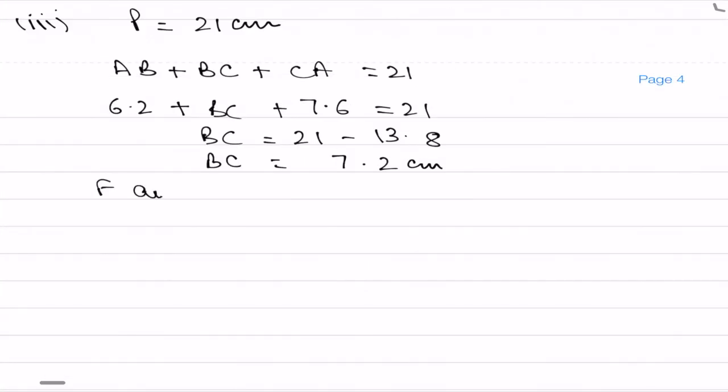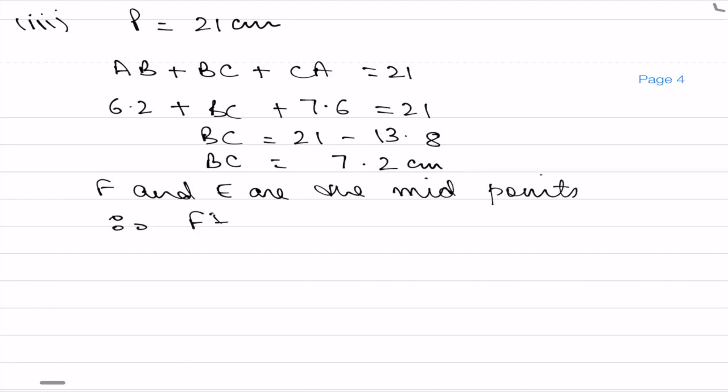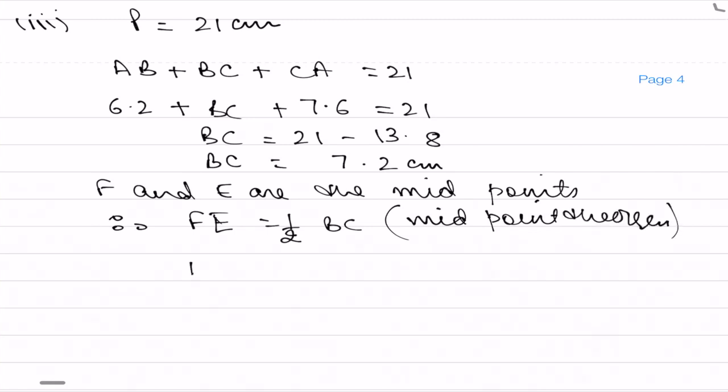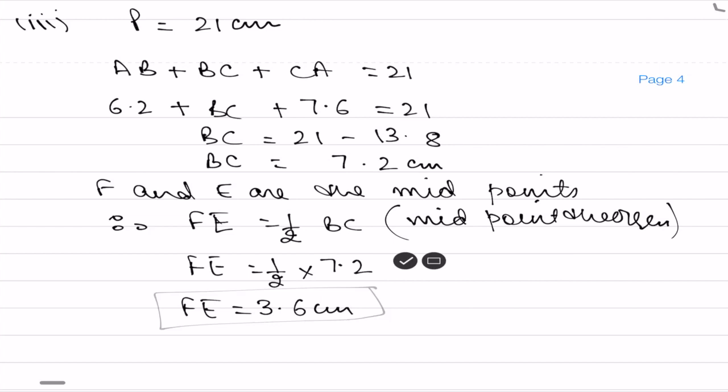So here we will write down F and E are the midpoints. Therefore, FE is half of BC, again by midpoint theorem. Now we will just put the value, half of 7.2, that is 3.6 centimeter. So in this way we will find out any one of the sides by using the midpoint theorem.